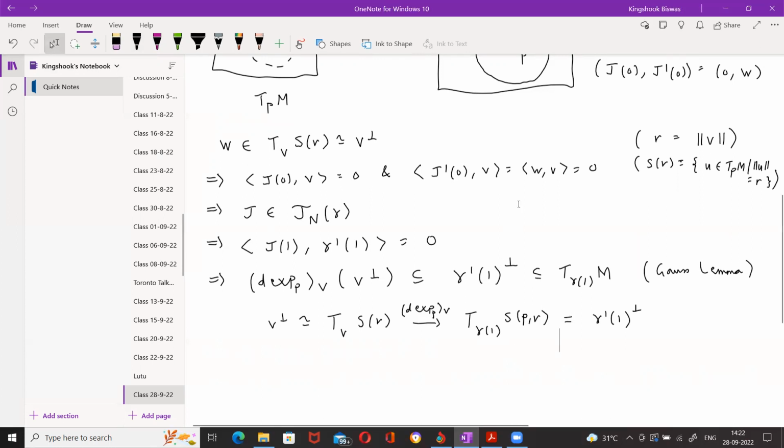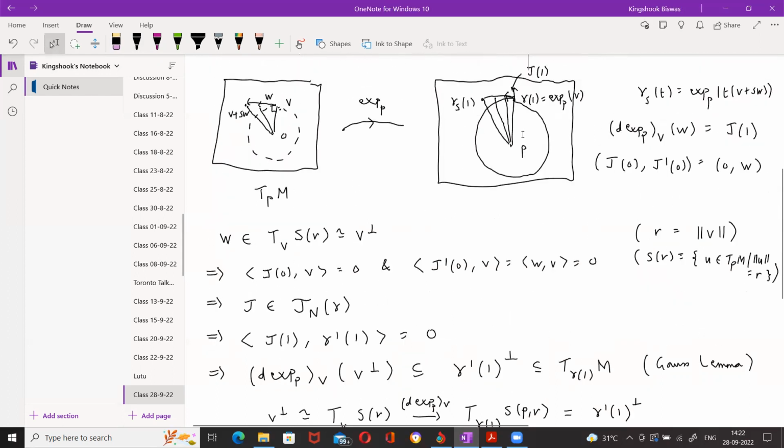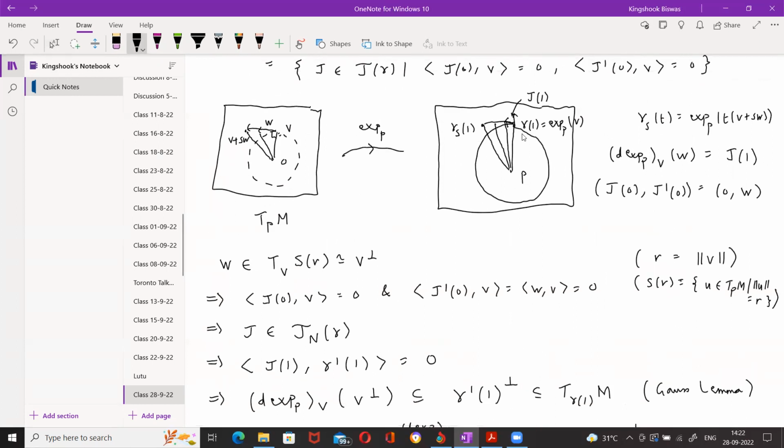See, what the Gauss lemma is telling you is that the image under the exponential of V perp, the image of the tangent space to the sphere in T_pM, is going to map to the tangent space to the geodesic sphere. Now that is contained inside gamma prime 1 perp, right? So in other words, the geodesics issuing from P are perpendicular to the geodesic spheres.